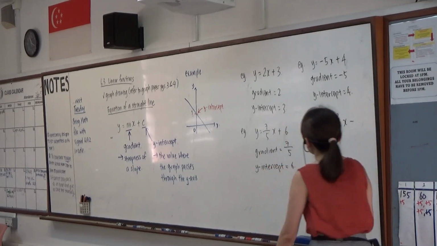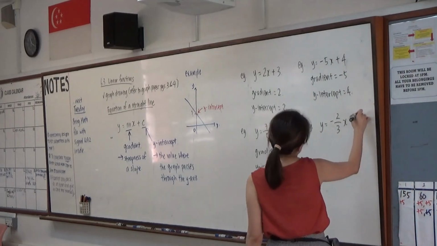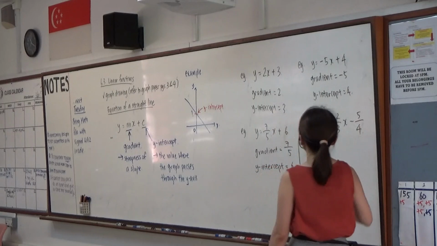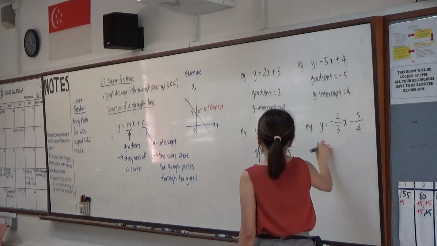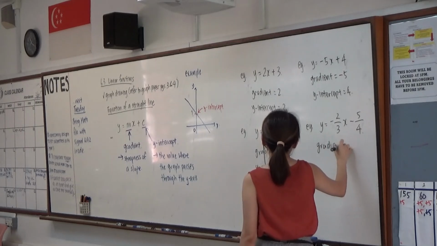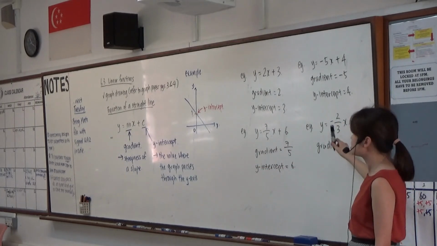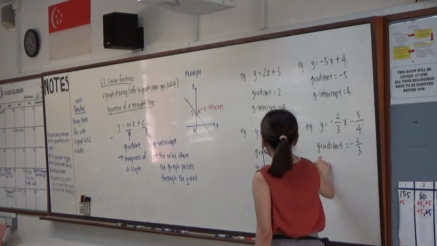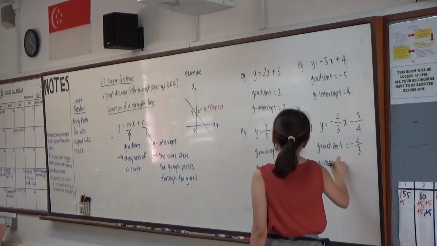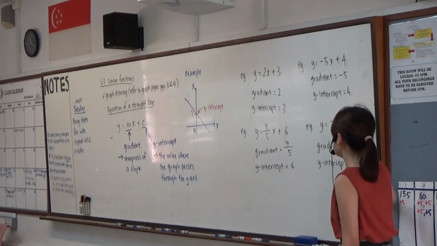Okay, and then another one, what if we have y equals negative 2 over 3x minus 5 over 4? Okay? How will the gradient and the y-intercept be determined? Gradient will be the number in front of the x, that is negative 2 over 3, and y-intercept, okay, will actually be negative 5 over 4.